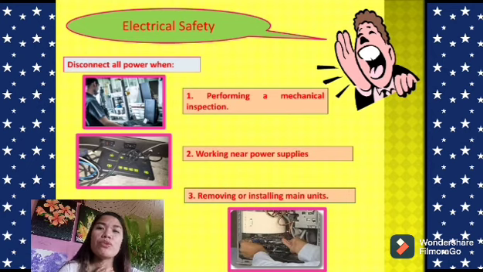If you're going to remove or install main units, always wear proper equipment. As I said earlier, there should be proper equipment for you to be safe, and unplug the necessary wiring to keep you safe. If it is necessary to unplug, we have to do it.